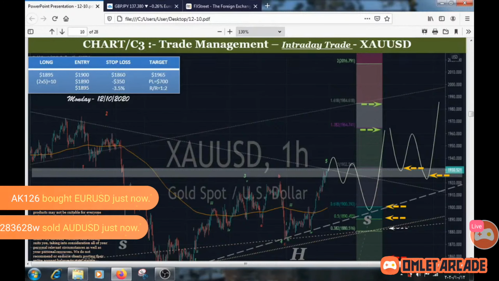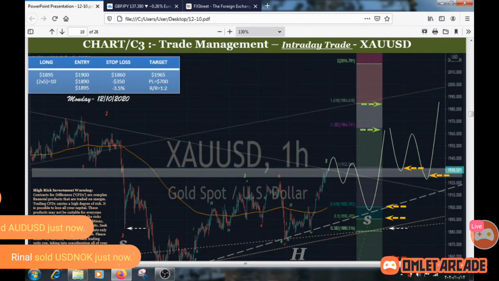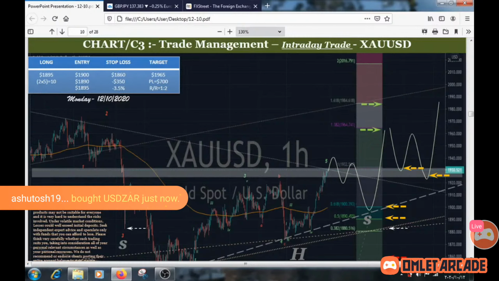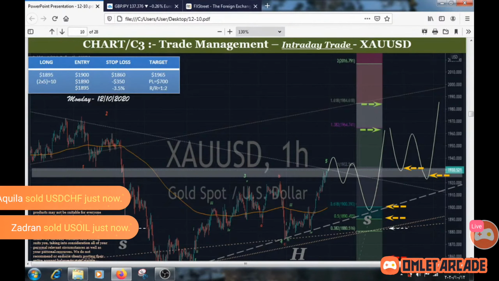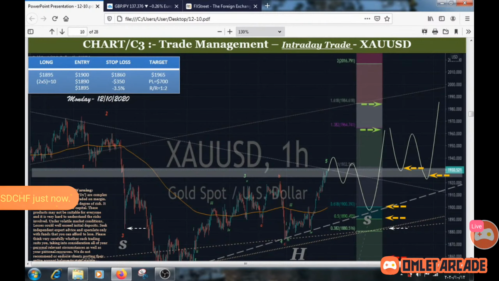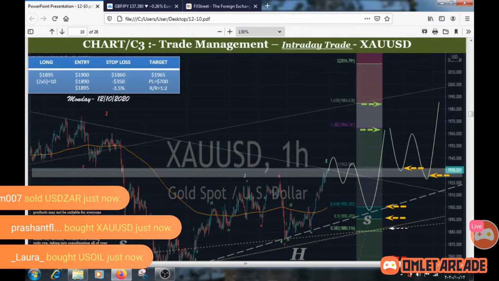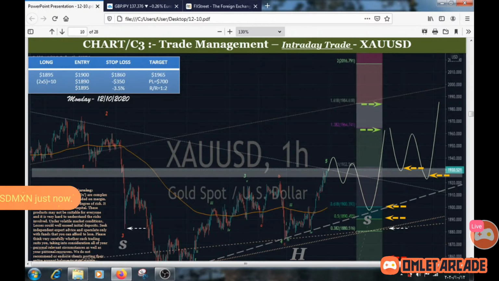Don't be greedy. Okay, so 1,900 is even a spike still at the fib level, so you just do that at the fib.